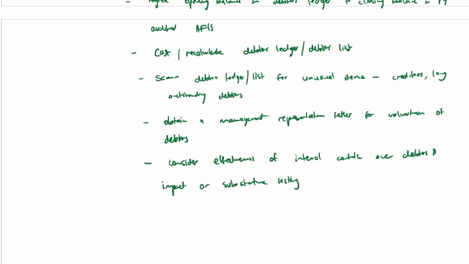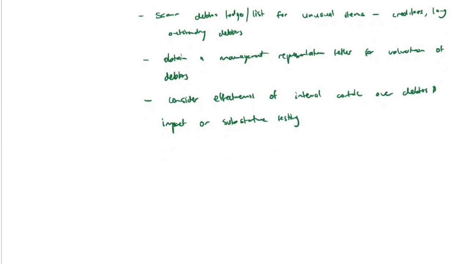Then we've got to do analytical procedures. So some examples of analytical procedures, I would actually put this as my heading: Perform the following analytical procedures to test the reasonableness of debtors.